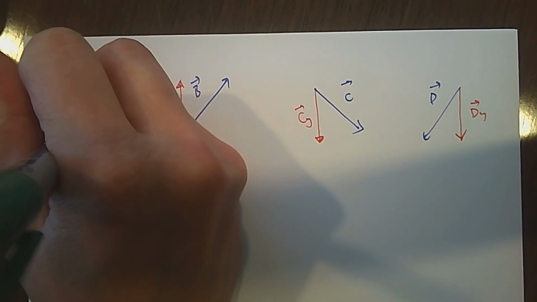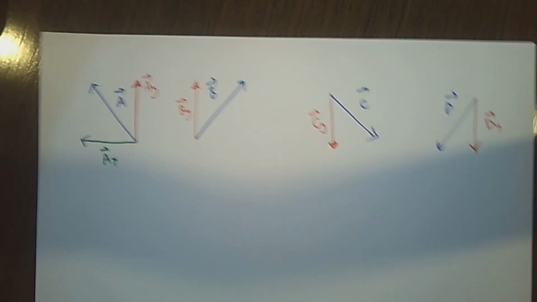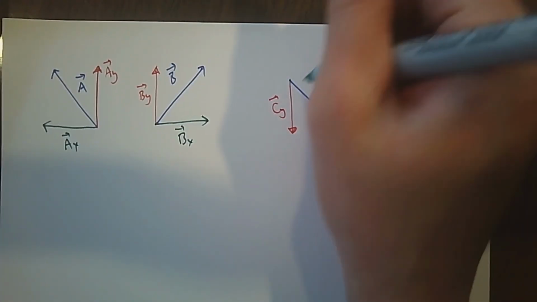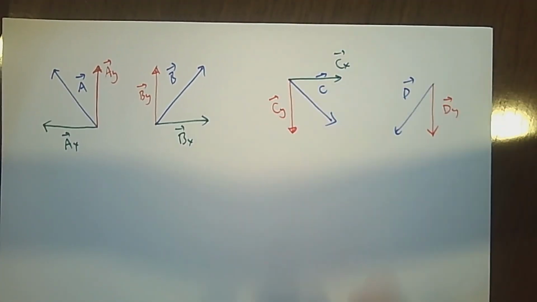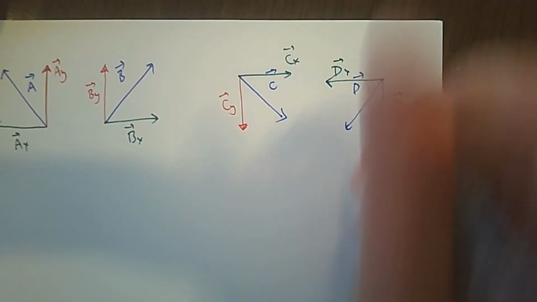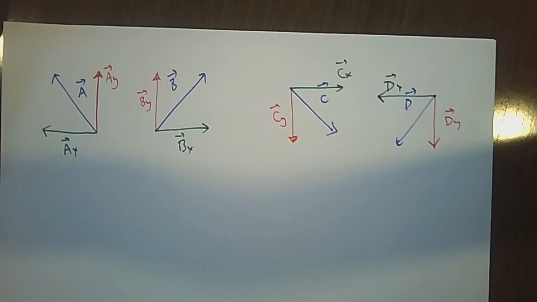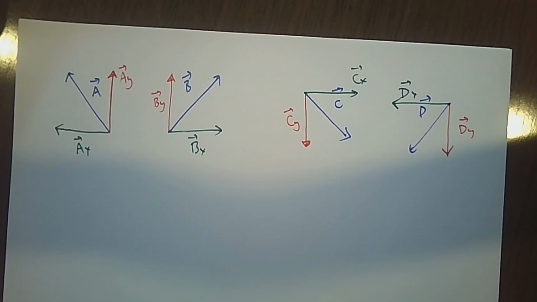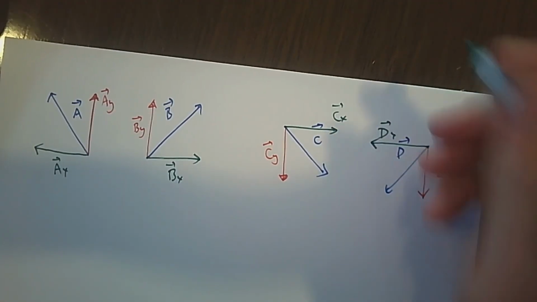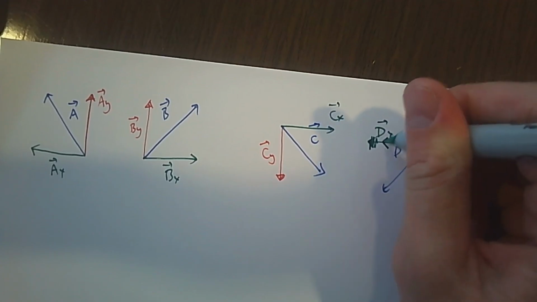So AX, BX, CX, DX. Oops, maybe I drew DX a little long. It should probably have ended here. I went overboard with that one, so maybe here.